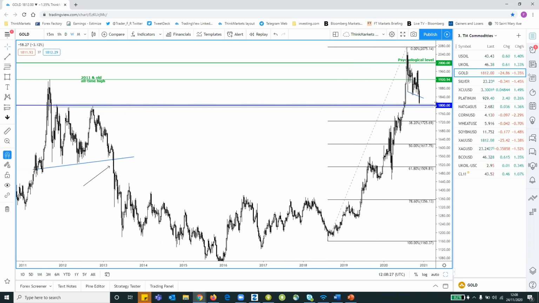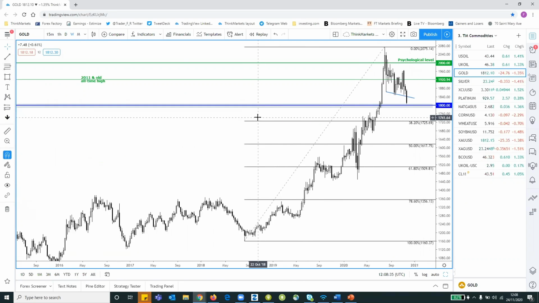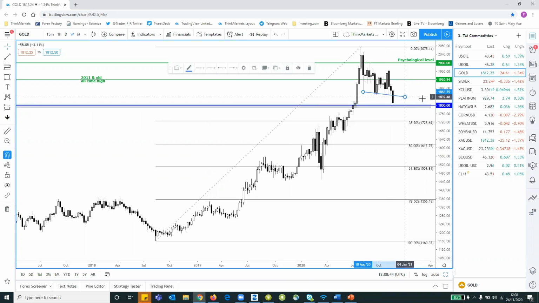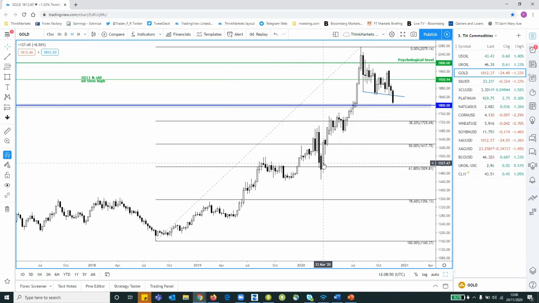From a trading point of view, it needs to get through 1800 on a weekly closing. 1800 is the key level, and I've even heard some chatter about strong interest around 1800, and we'll see how that goes.